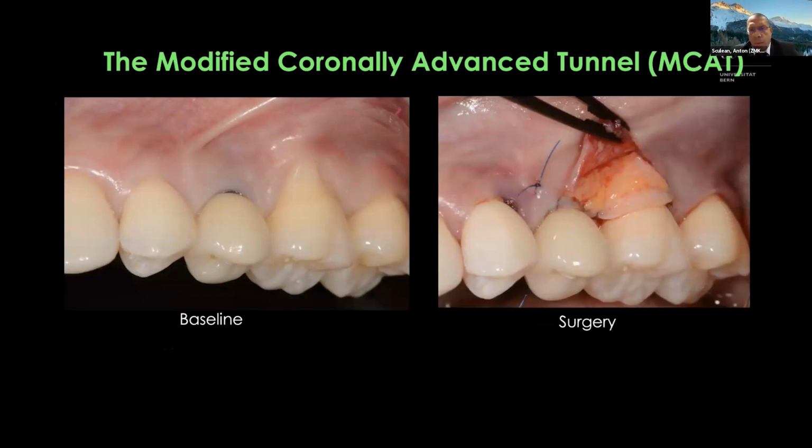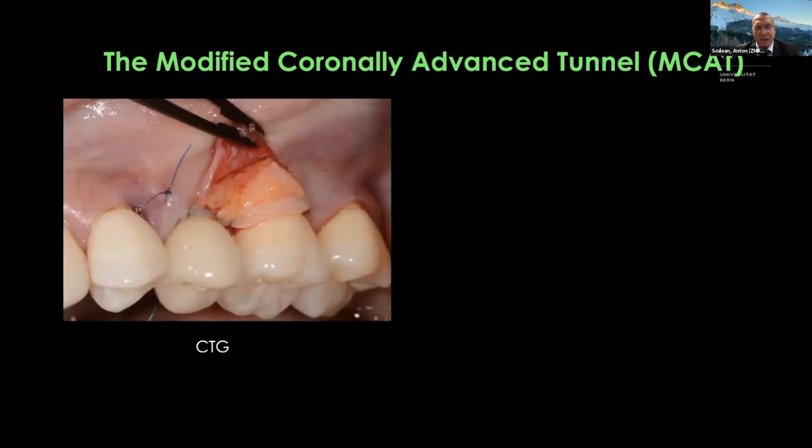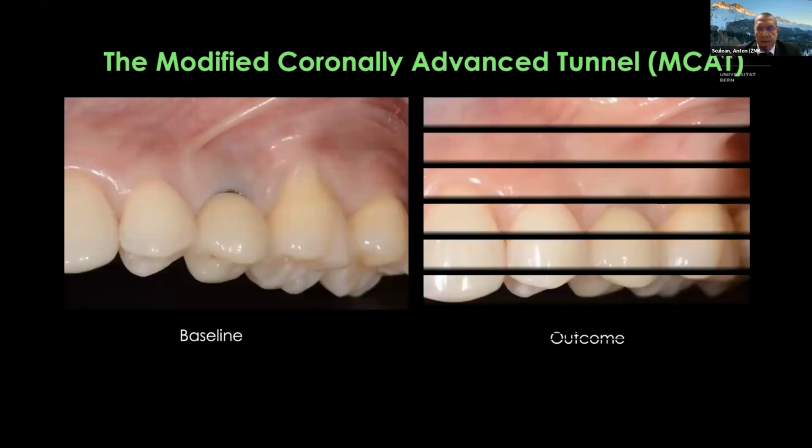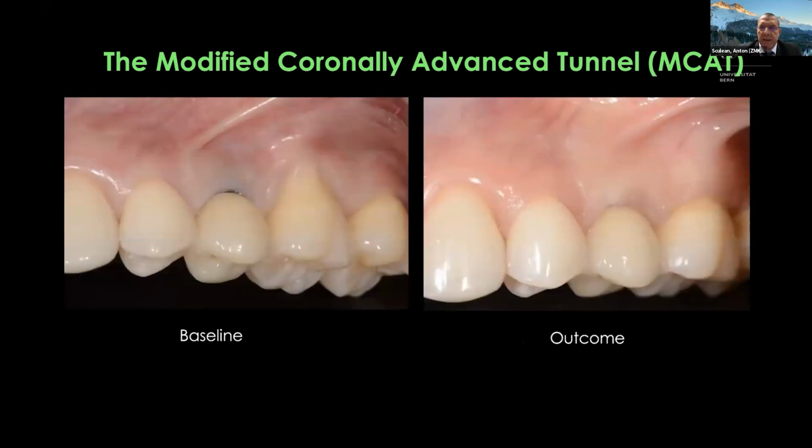I combine the tunneling approach with an envelope approach, because this buccal root was far too much outside the bony envelope, using the connective tissue grafts and trying to cover everything as well as possible, and moving the soft tissue coronally, closing the flap, and the healing indicates a very increased tissue thickness, a stability of the tissues, and also an increase in keratinization.